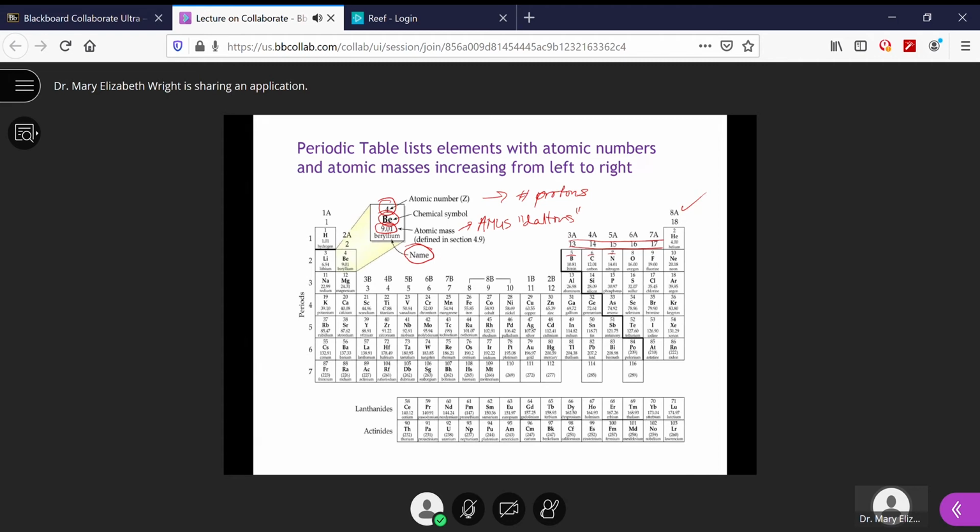That's what I'm used to. I'm an old soul. You can't teach me new tricks at this point. Okay, so now we have some clue how to read the periodic table. We're not really going to be dealing with the lanthanides and actinides, just for the record. We're barely going to be addressing those at all.